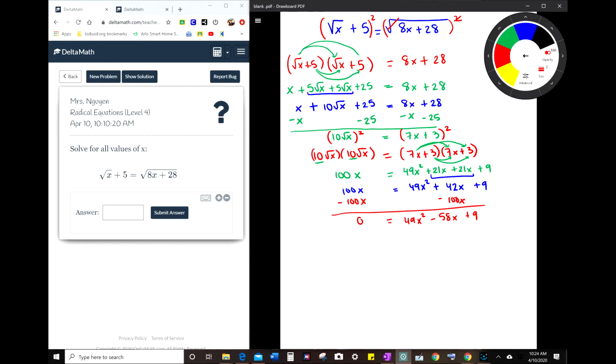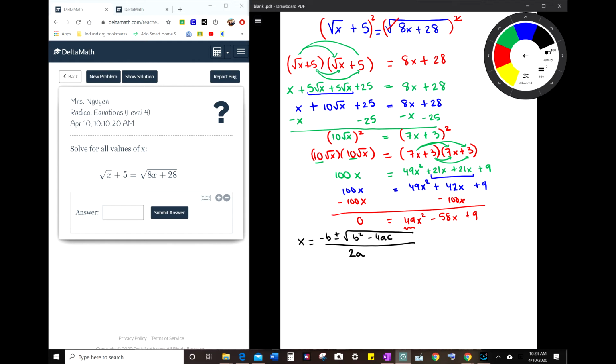The leading coefficient right here is 49. I don't try to check if it's factorable or not, so the easiest way for me in this problem is to use the quadratic formula. So x equals minus b plus or minus the square root of b squared minus 4 times a times c, everything over 2a.